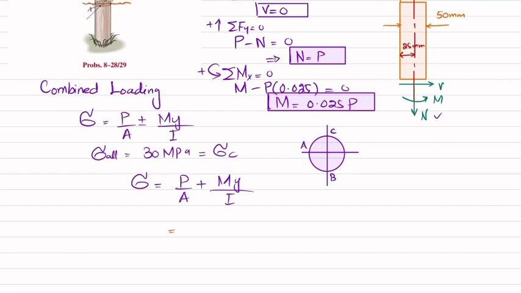P is not available, so P by A is pi r square.